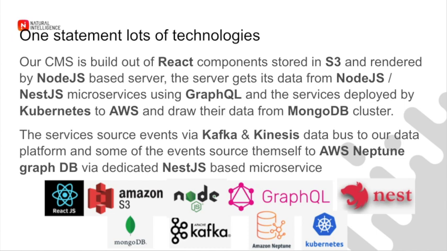The services also source events to Kafka and Kinesis, and from there the events go towards our data platform. Some of the events go towards the AWS Neptune graph database via dedicated Nest.js-based microservices. As you can see, we have lots of technologies playing together in order to compose our back office and serving platform. And now the stage to Aviem to take you on a journey to our data platform.